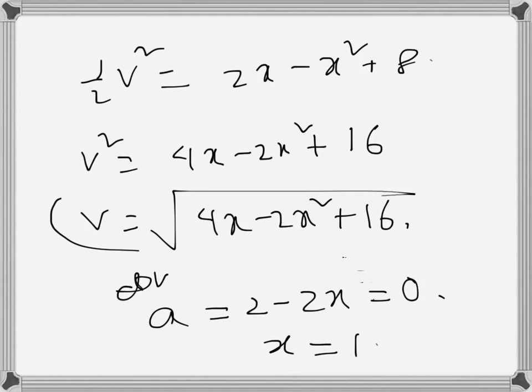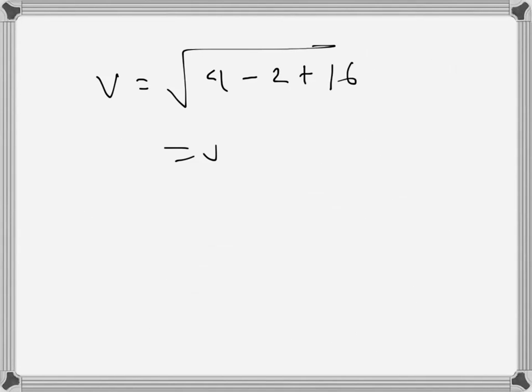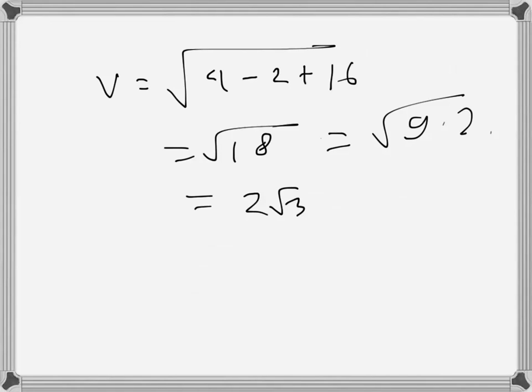So from here we can find the greatest velocity, and that is v squared is 4 minus 2 plus 16, so basically square root of 18, or the square root of 9 times 2, which is 3 root 2 meters per second.